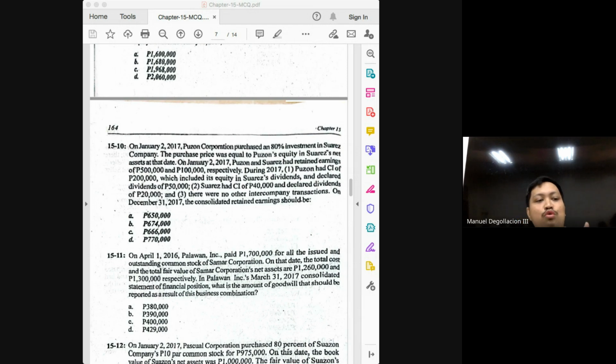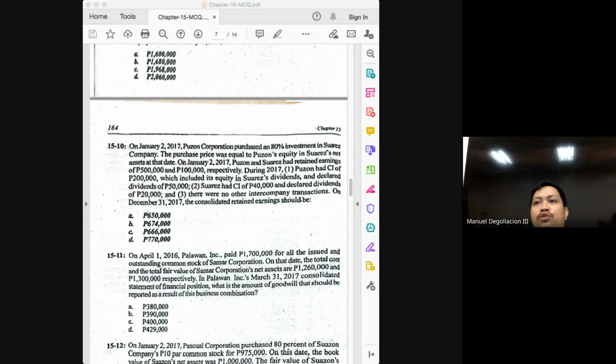Okay? We are trying to transform the ending RE of the parent to the ending RE of the consolidated entity. Okay? And is that possible, class, wherein you cannot use the first solution? Yes. Especially if you're asked, how much is the RE of the consolidated entity on the 10th year? But you are not given the beginning RE. You're not given the retained earnings at the date of acquisition.